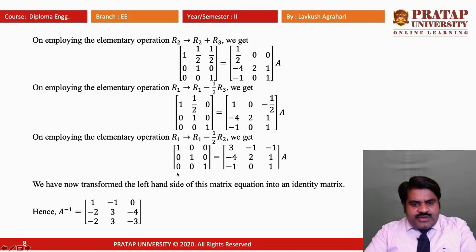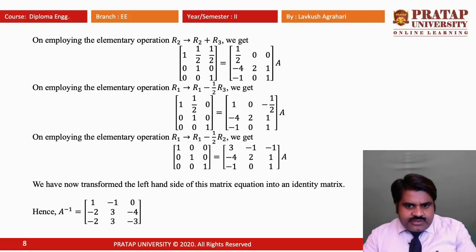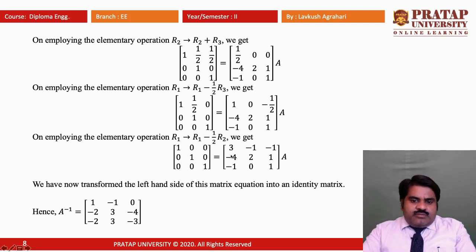So, in this final step, the matrix lying on the left hand side becomes the identity matrix, and the matrix lying on the RHS side is converted as follows. The elements of the right hand side matrix can be shown. These elements are 3, minus 1, 1, minus 4, 2, 1, minus 1, 0, 1.